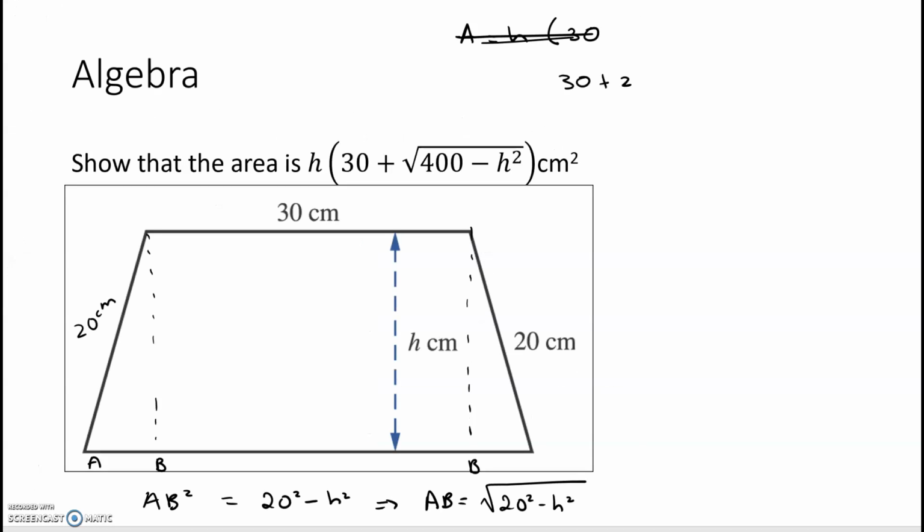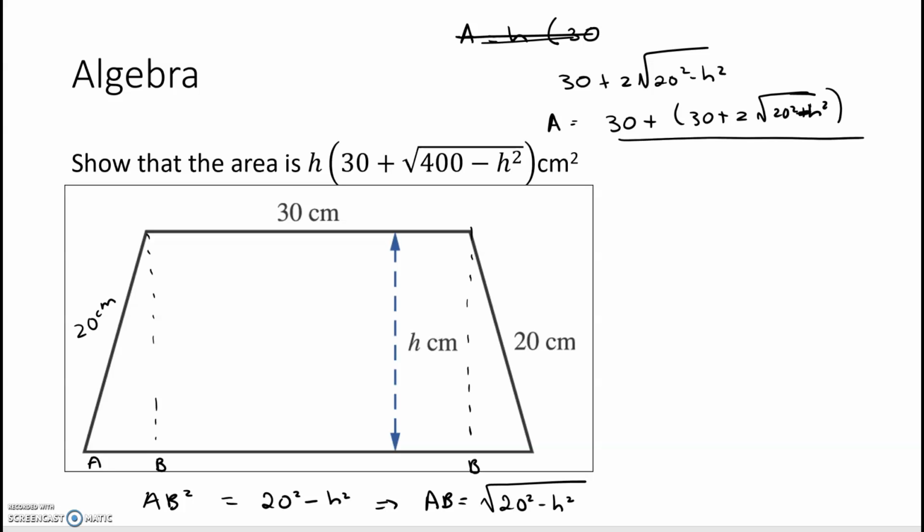Sorry, needed a cough. So that the area is going to be, no, what were we doing? We were doing the longer side. The longer side is going to be 30 times, that means that the area is going to be 30 plus 2 times the square root of 20 squared minus h squared, over 2, times the height.